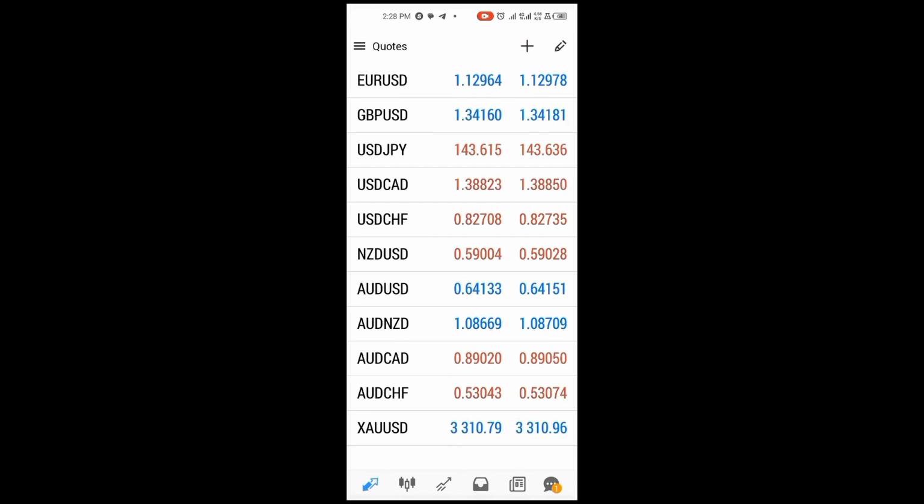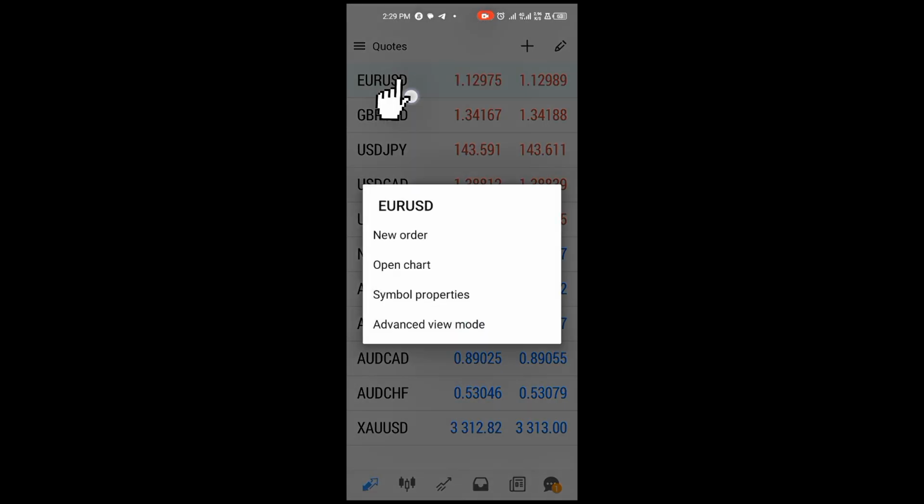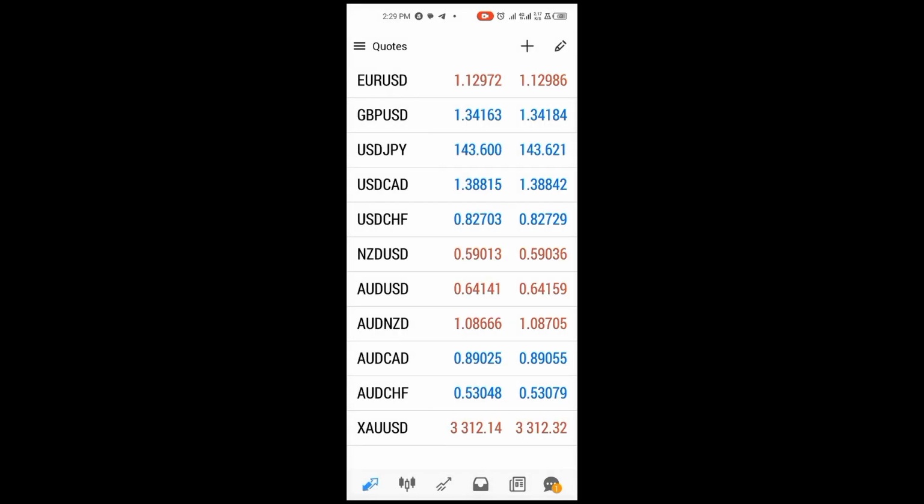When you execute a market with this currency pair, let's say you execute a buy, it means you are saying that the Euro is stronger than the USD at the point of your buying. Then if you sell, you are saying that the US dollar is stronger than the Euro. I don't know if you're understanding.